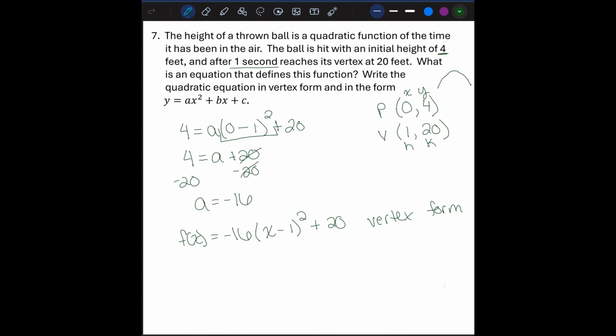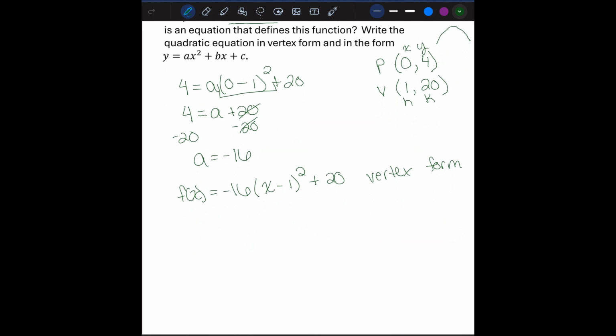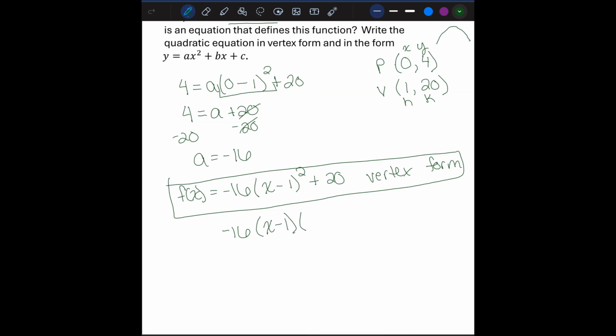Now it's asking me to write it in the form y equals ax squared plus bx plus c. It means to literally take your vertex form and simplify it, like put it all together. So I see that I have x minus 1 squared. That would be x minus 1 times x minus 1. So I need to multiply the x minus 1 and the x minus 1 together. I'm going to leave this negative 16 out front for a second.